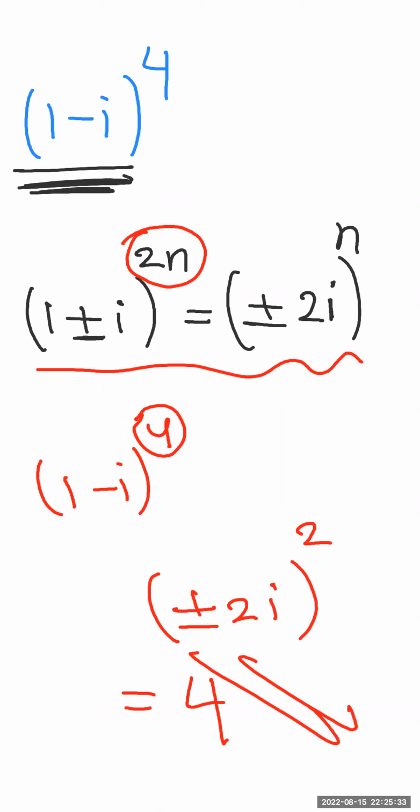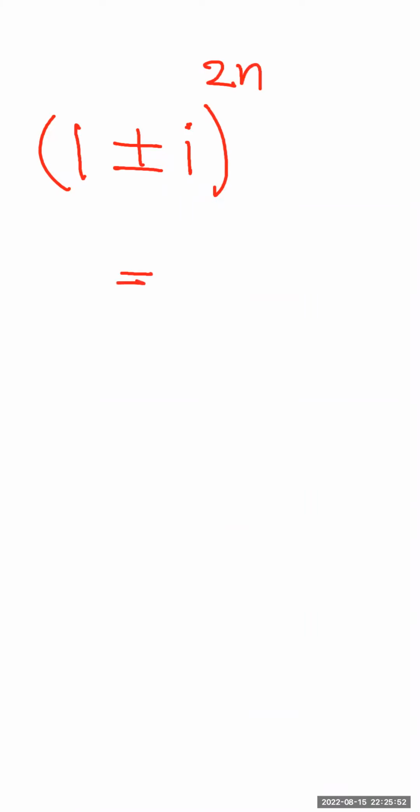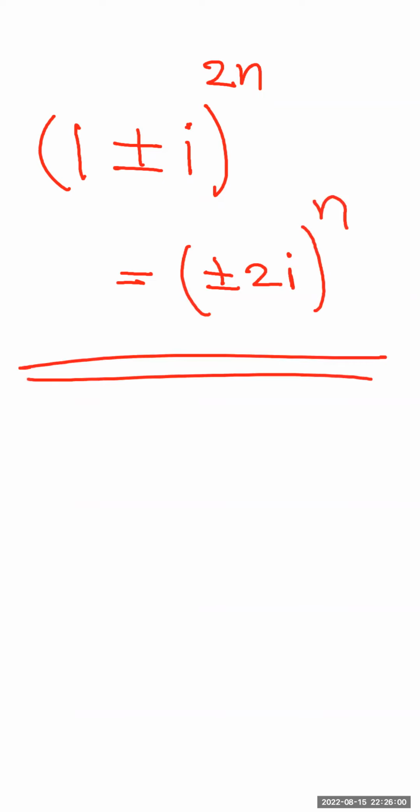Again, there's a rule. If there's a complex number in this form, (1 plus or minus i) to the power of 2n, we can simplify it this way. It will equal (plus or minus 2i) to the power n. Are we clear till this point?